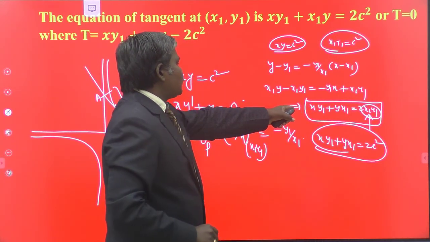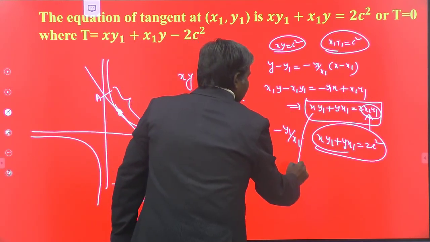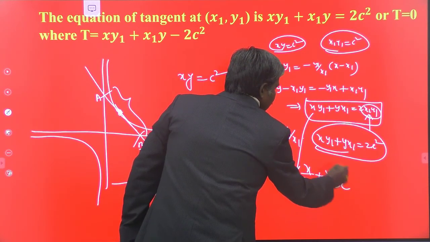Because the equation is xy1 plus yx1 is equal to 2x1y1. On simplifying this, x by x1 plus y by y1 is equal to 2.